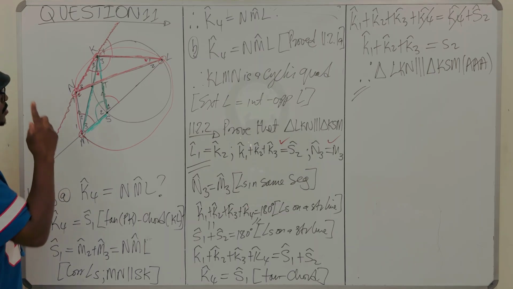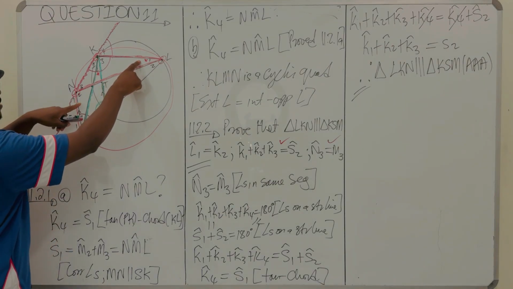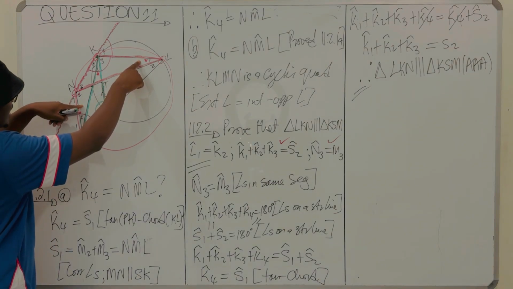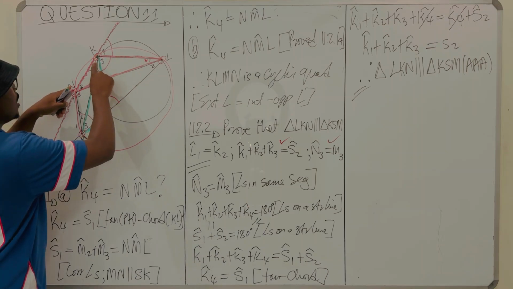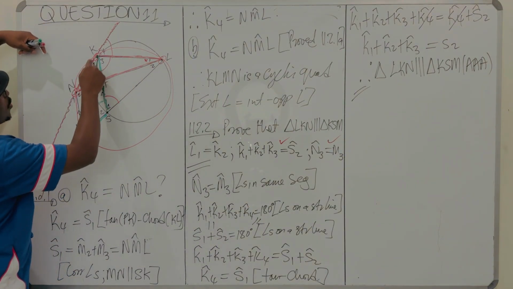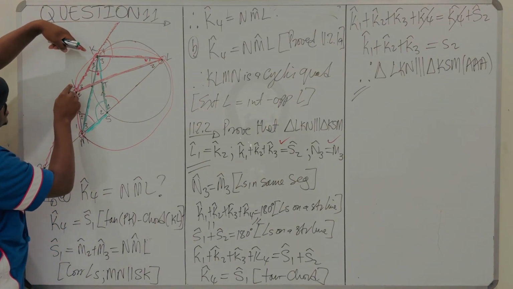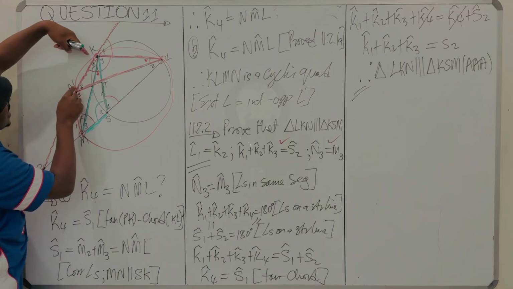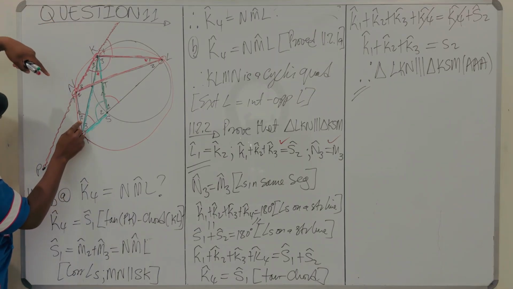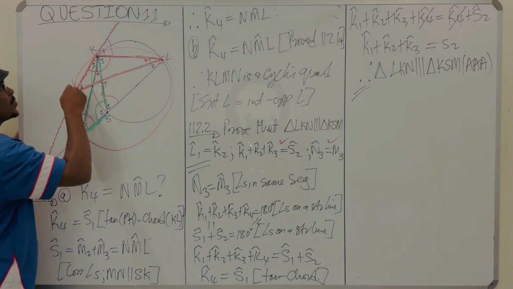Maybe you can say, look, L1 and M2, they are both subtended by the same chord KN on the red circle. So you can see your L1 is subtended by KN, and so is M2. So this angle and that angle are both subtended by the same chord.